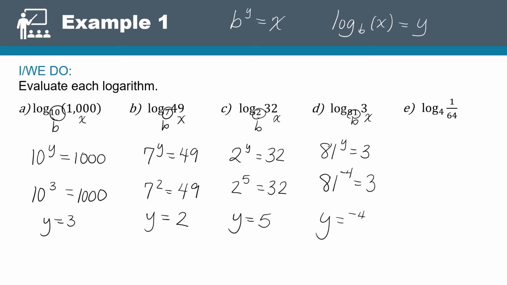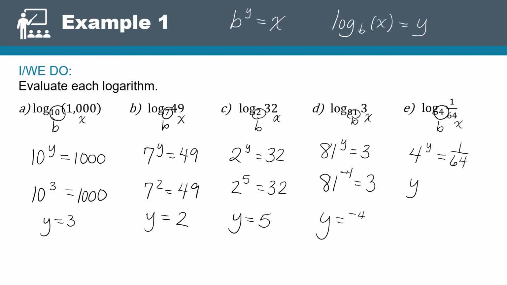E, log base 4 of 1/64. So my base is 4. 1/64 is my x. So 4 to what power, y, equals 1 over 64. Now because I'm ending up with a fraction, I know this is going to be a negative.